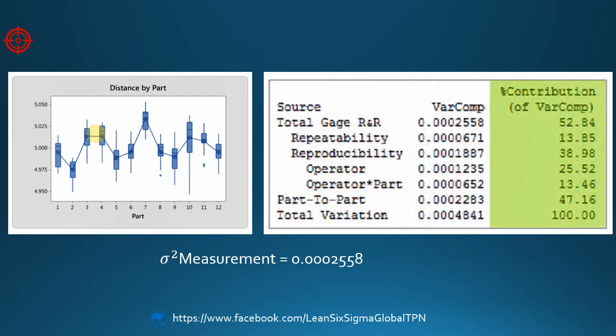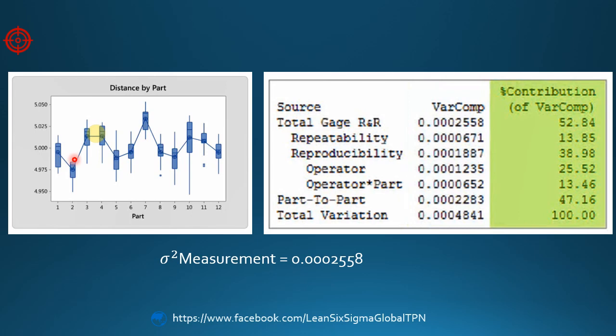We can use the same box plots to better understand the second component of variation, the variation caused by the measurement system itself. Each box plot represents the variation in measurements taken by the different operators for each of the boards.